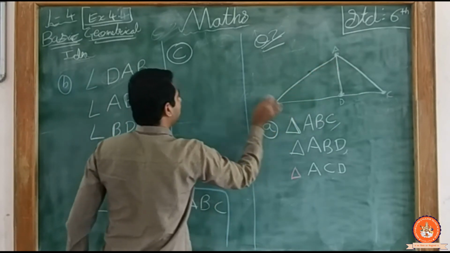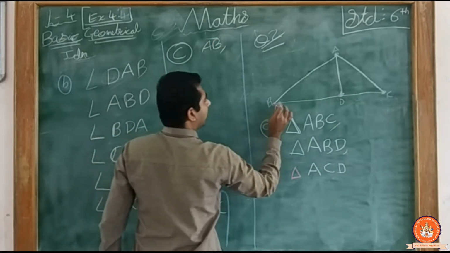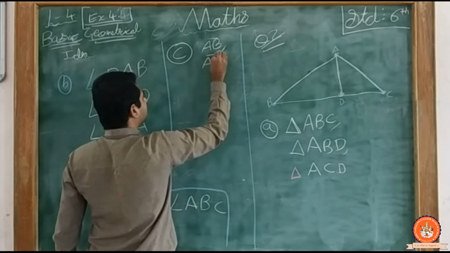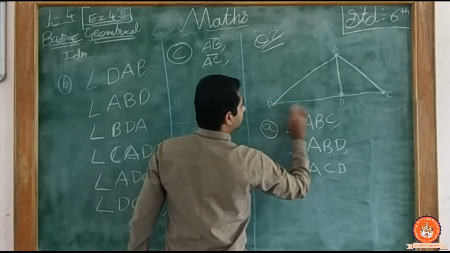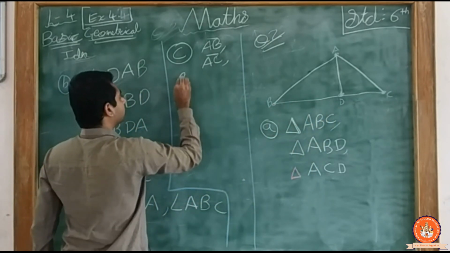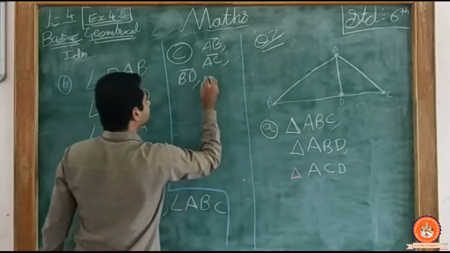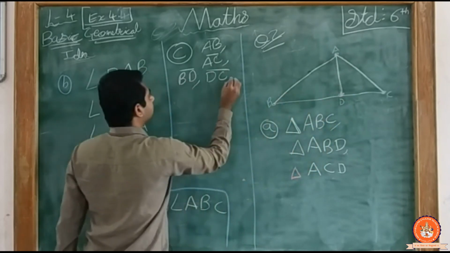So first AB, then AC. Clear? Then BD, DC, AD.